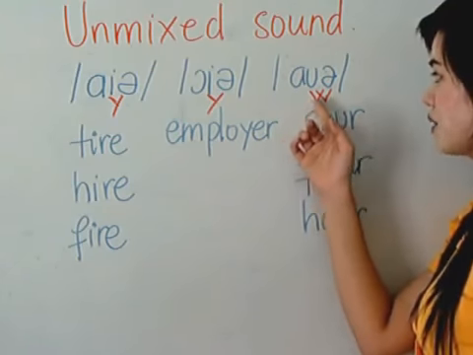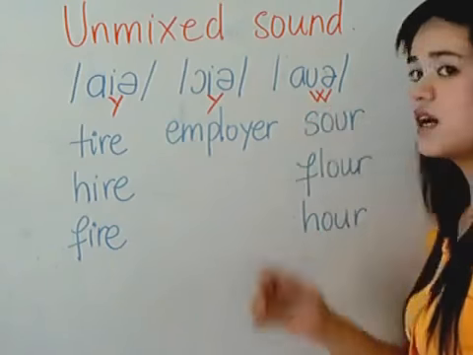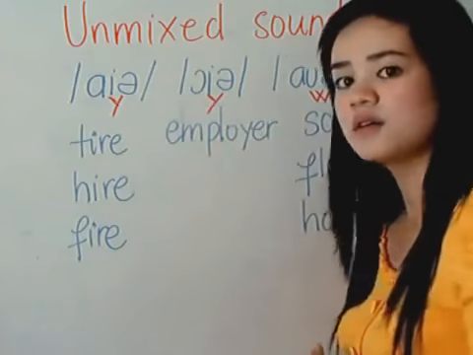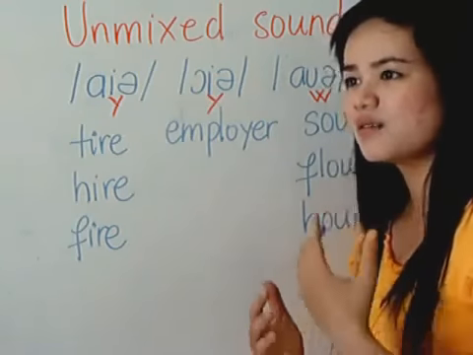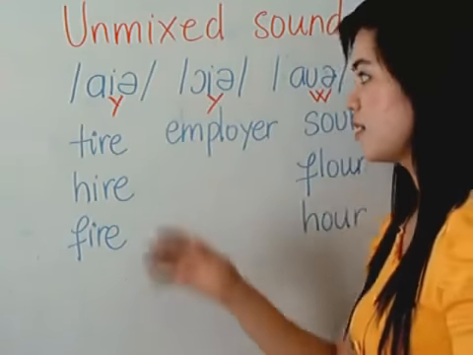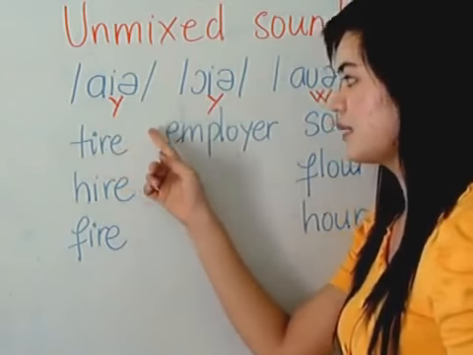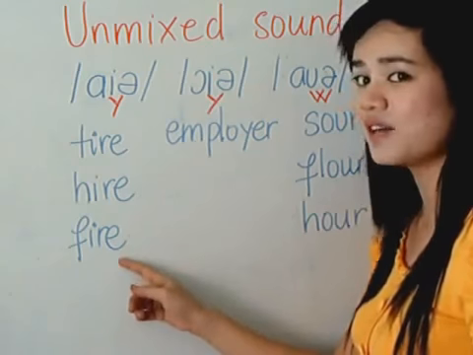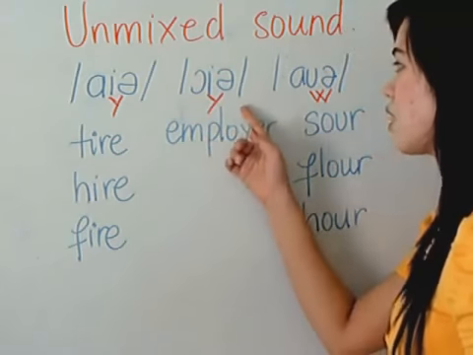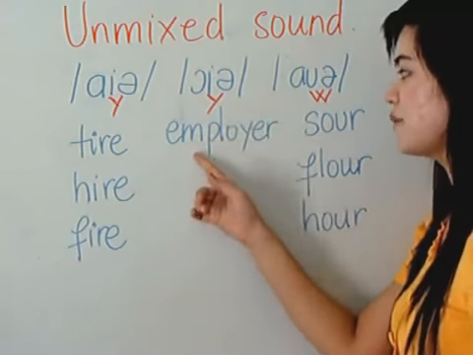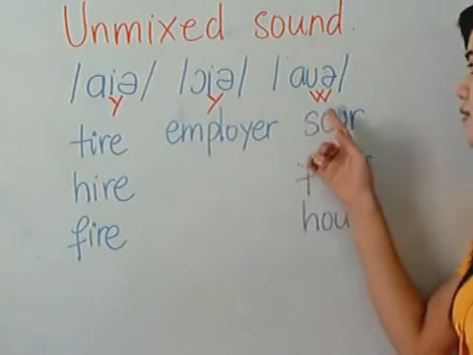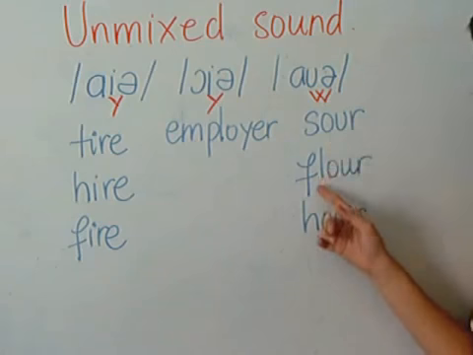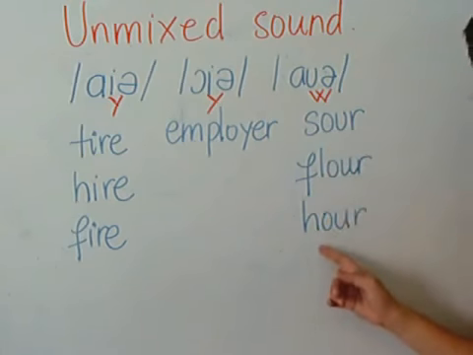We say hour. Do you recognize that you cannot pronounce this sound unless you borrow another sound? In the group ear, like tire, hire, fire, or oir in the word employer. The next one, hour in the word sour, flower, and hour.